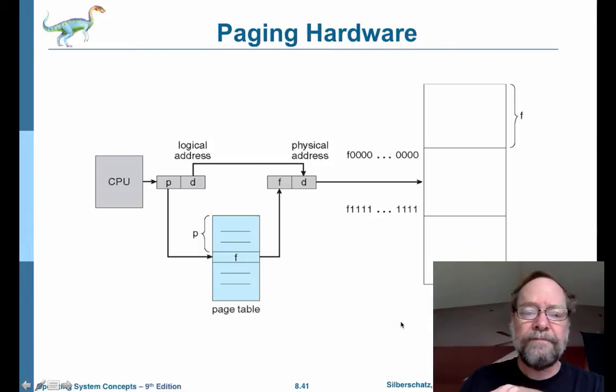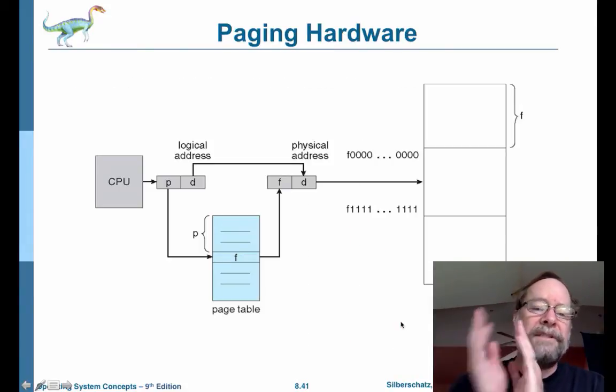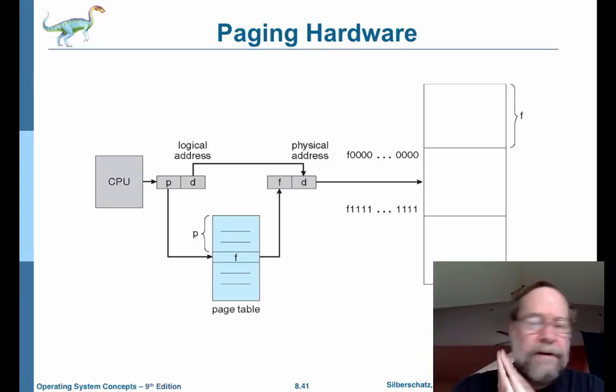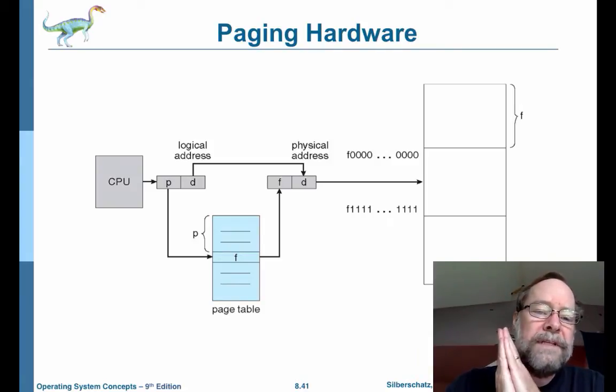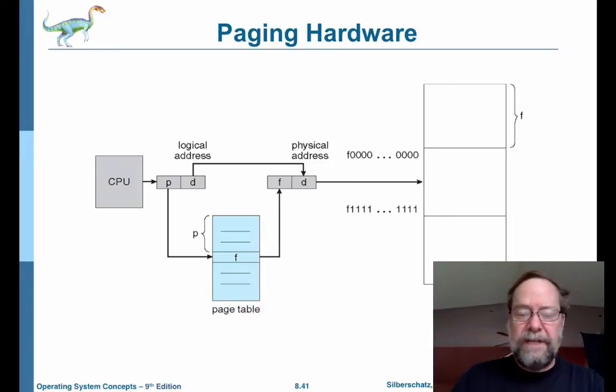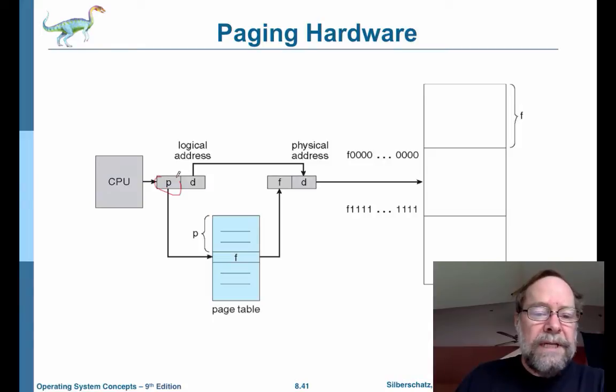So that's just a very simple example of how the conversion from logical addresses in a paging system to physical addresses works. Now, as long as we're using powers of 2 like this for the sizes of our frames and our pages, it's really easy to do the conversion of a logical address to a physical address, because all we have to do is take the page number, split that out of the logical address, use that as an index into our page table, and take out the corresponding value for our page number, which should be a frame number.